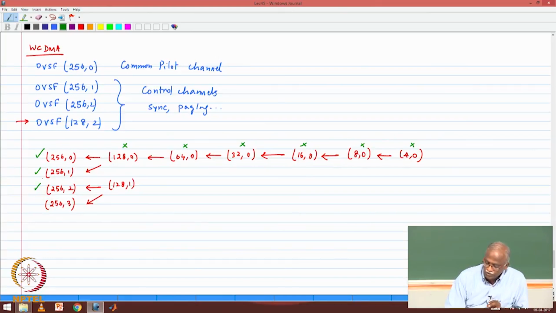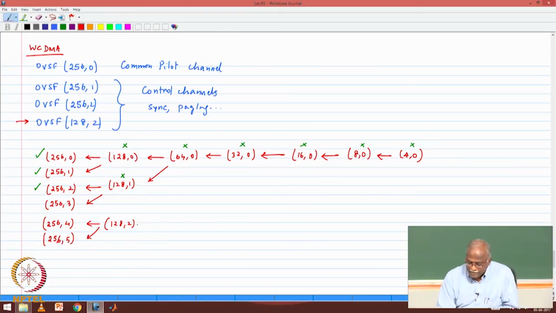256,2 can be used. So 128,1 cannot be used. What is the predecessor of 128,1? 64,0, which was already blocked out anyway. Okay? Now 128,2 has been used. 128,2 has two successors, 256,4 and 256,5.